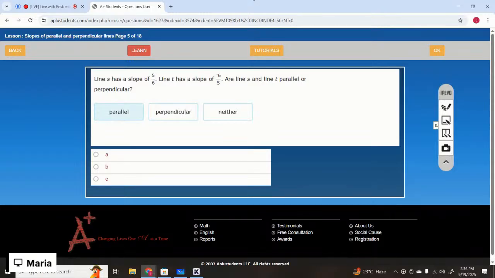Line S has the slope 5 over 6 and line T has slope negative 6 over 5. So the slopes are negative reciprocals. That means they are perpendicular. Option B is the correct option.